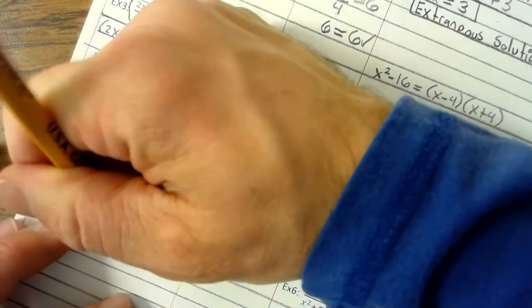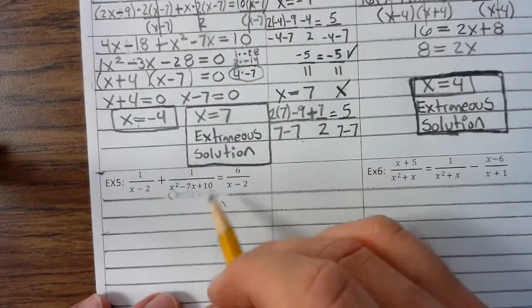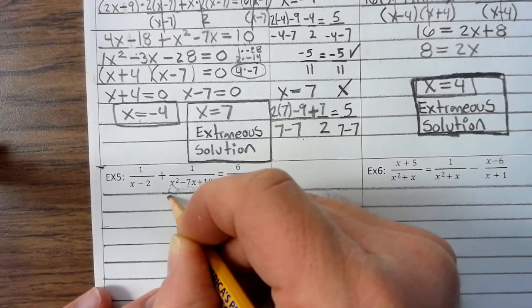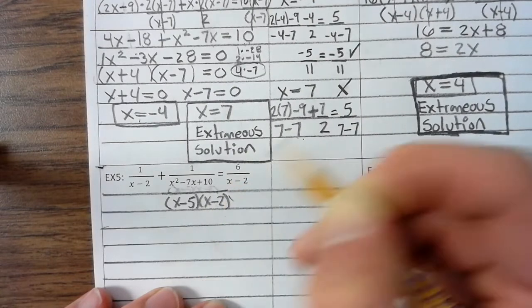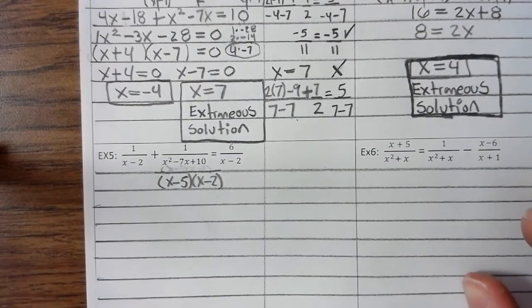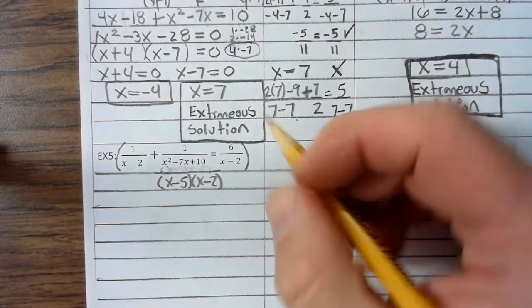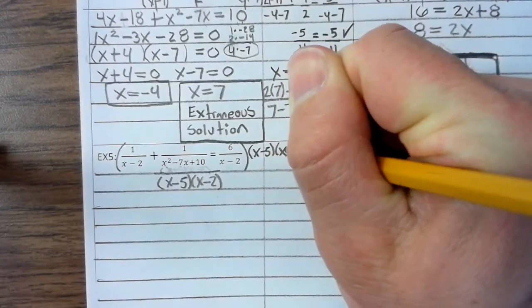And let me write that better so you can see it. I'm just going to have to sacrifice a line of work so you can see, but this is x minus 5, x minus 2. Okay, so because of that, we're going to multiply both sides by x minus 5 and x minus 2.